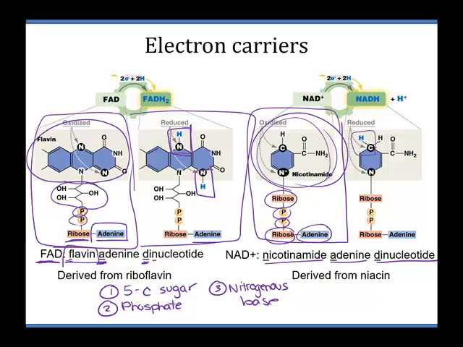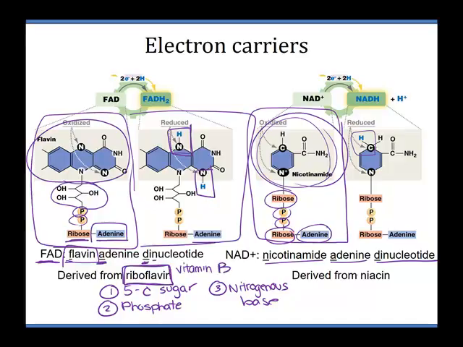Now you may be wondering where we get these from. Well, FAD is actually derived from riboflavin. And again, if you were one of those nerdy kids who read the back of your cereal box when you were little, you noticed that there is a particular vitamin called riboflavin.